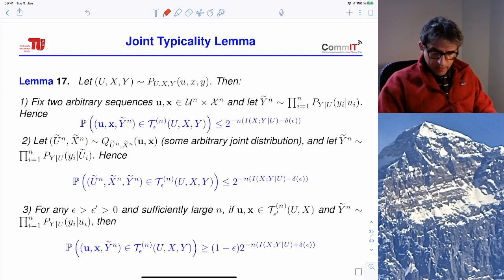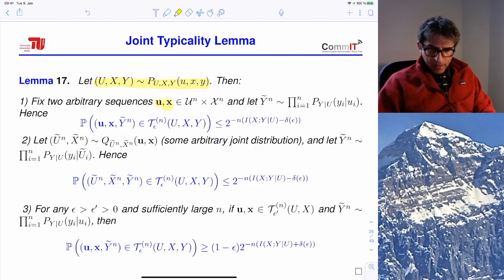Suppose that we have the joint PMF of three random variables that I call U, X, and V. So P sub UXV defines a jointly typical set, and fix arbitrary sequences u and x, and then generate another random vector that I call y tilde according to a product distribution of P_{Y|U}.